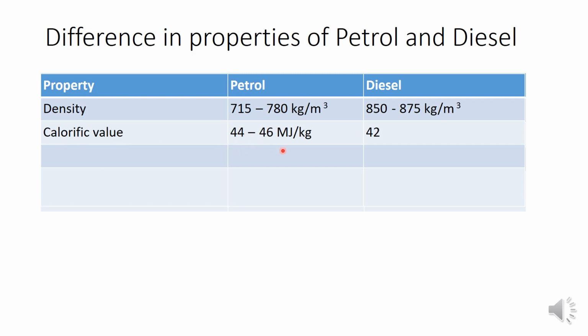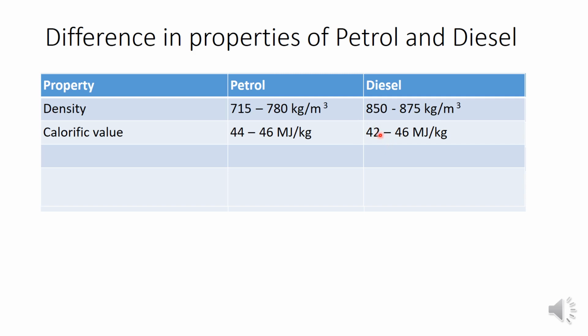For petrol, it is in the range of 44 to 46 megajoule per kilogram. So if you burn 1 kilogram of petrol, you will get this much energy, that is 44 to around 46, and on average it is 45 megajoule per kilogram.